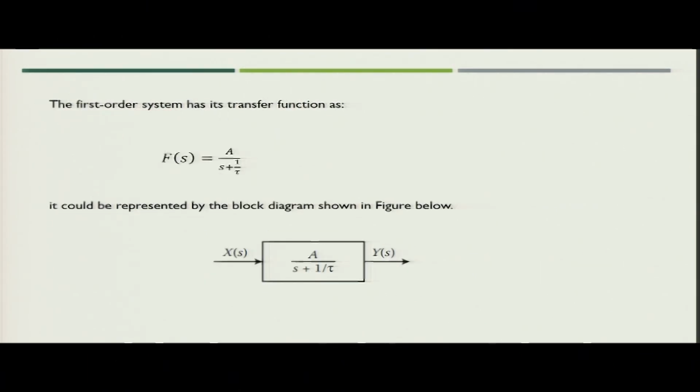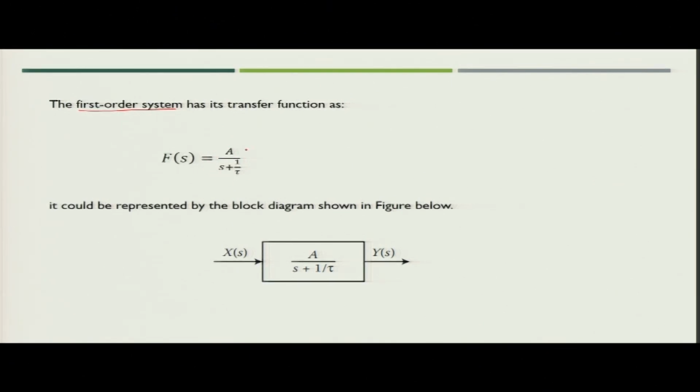Now, if we have a first order system, then the first order system can be represented by the Laplace transform. The transfer function for the first order system will become some constant A divided by s plus 1 upon tau.